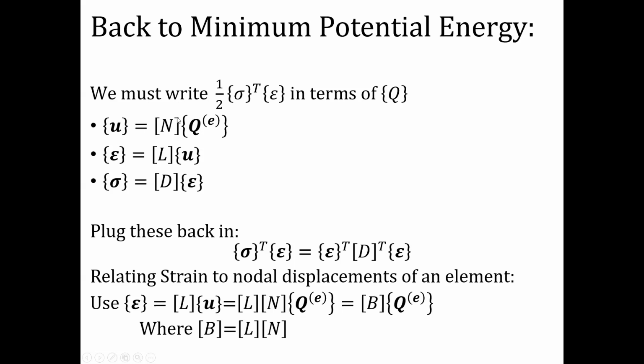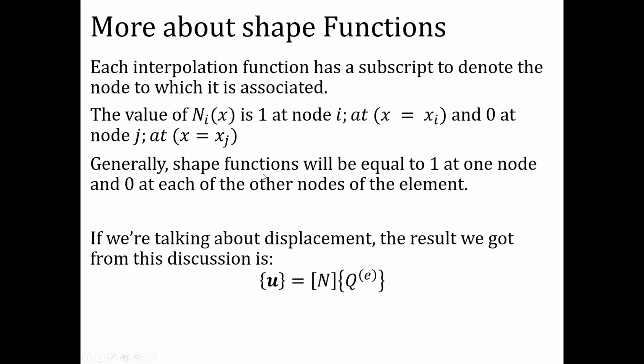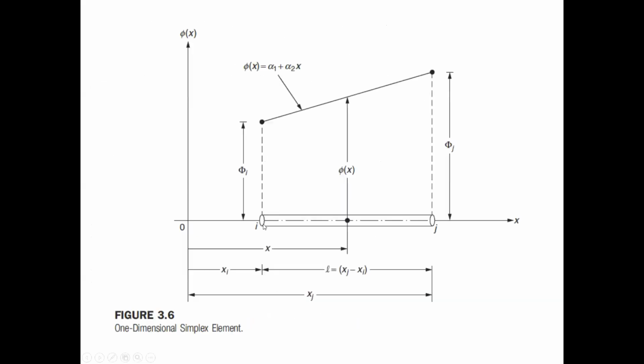And this relationship, this N, is the matrix of shape functions, also called interpolation functions, which in its simplest form could be just linear interpolation functions. Let's say at some point i the displacement is ui and at some point j the displacement is uj, then generally what would it be? A model of that.